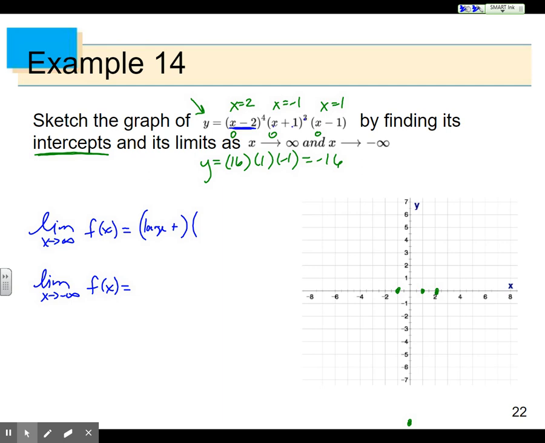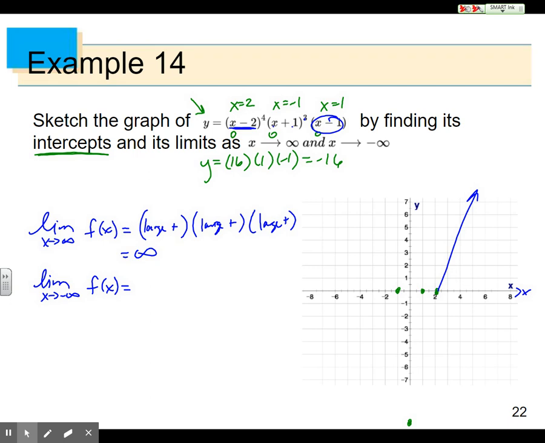Infinity plus 1 to the 3rd, that would be a large positive. And then plugging in infinity minus 1, that is a large positive. Guys, if I take 3 large positive numbers and multiply them together, it's going to give me infinity. Which means that after I cross this x-axis for the last time, as I go off the right side of the graph, this thing's going to be taken off quick and in a hurry.